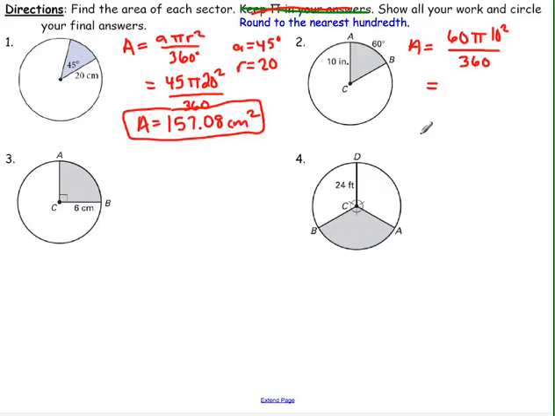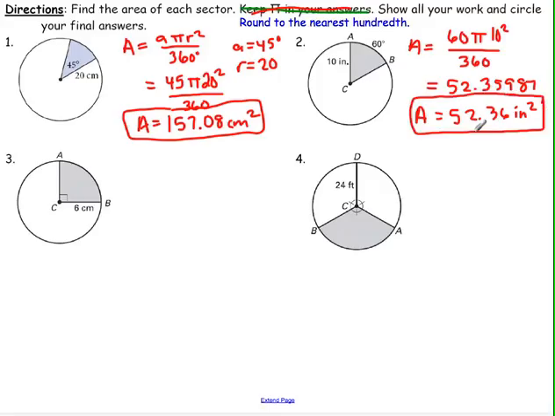When we put 60 times pi times 10 squared divided by 360 in our calculator, we should get 52.35987. That 9 tells us we're going to round up, so we'll have 52.36, and our units are going to be inches, so we'll say square inches for our area.